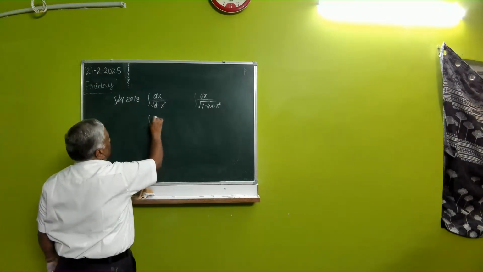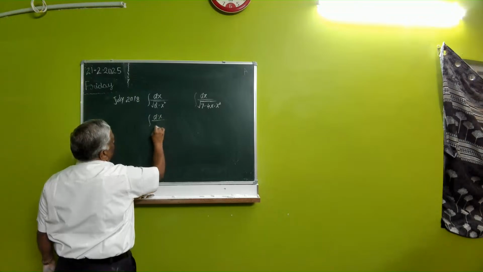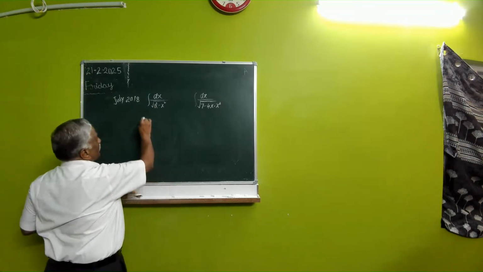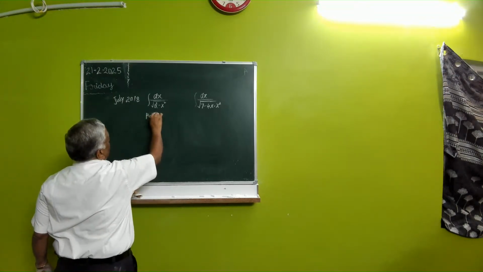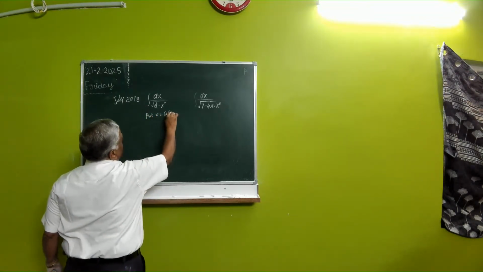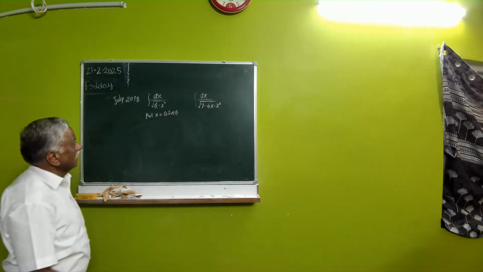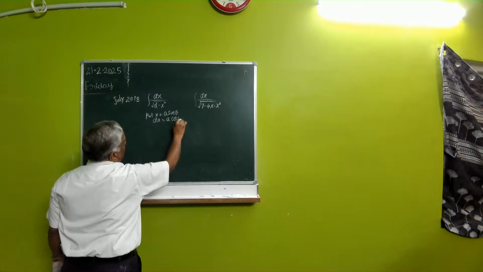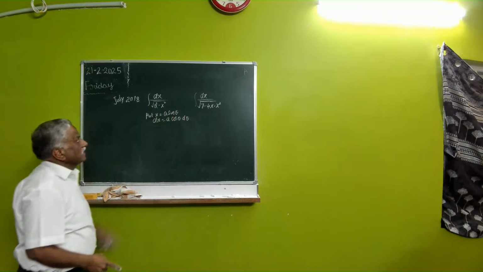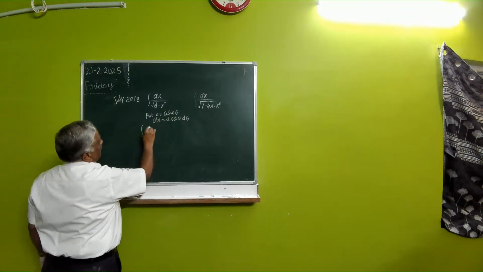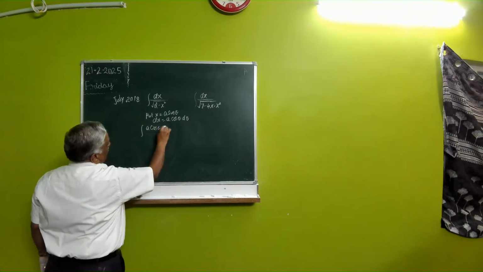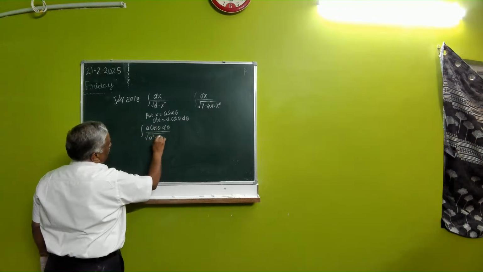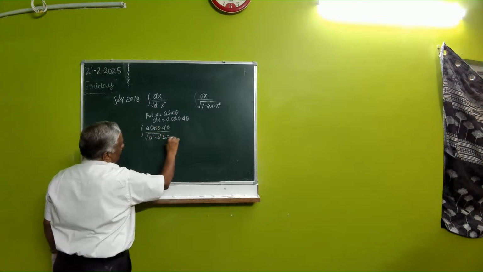So, let me read the answer. dx over, have you worked this problem? I think we have done it. In case you have not done it, we should do it again. Put x is equal to a sin theta. I don't know whether I covered it or not. Let me work it out. dx is equal to a cos theta d theta. I only suggested it, but I have not worked this problem. So this is a cos theta d theta divided by root of a square minus a square sin square theta.